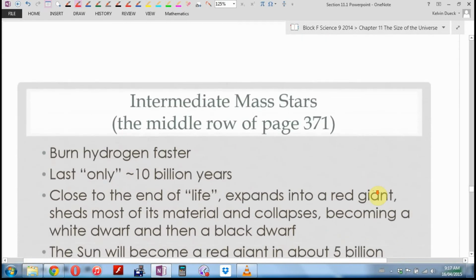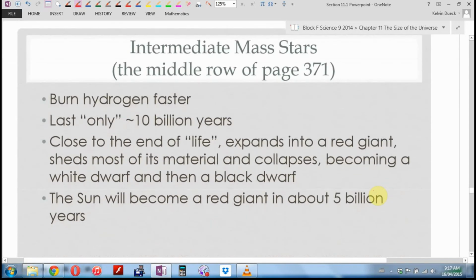Then we have intermediate mass stars. That's the middle row on page 371. They burn hydrogen faster. They're brighter. They last only around 10 billion years or so. This is our sun. Close to the end of their life, they expand into a red giant. What color do you think a red giant is? Red. Is it big or small? Giant. See, we know how to name stuff.